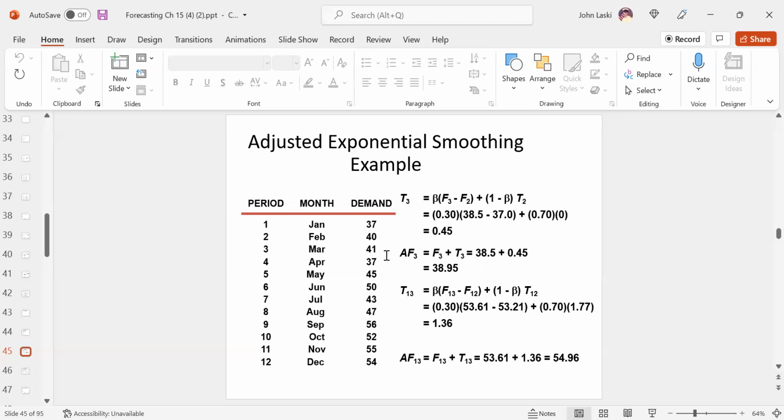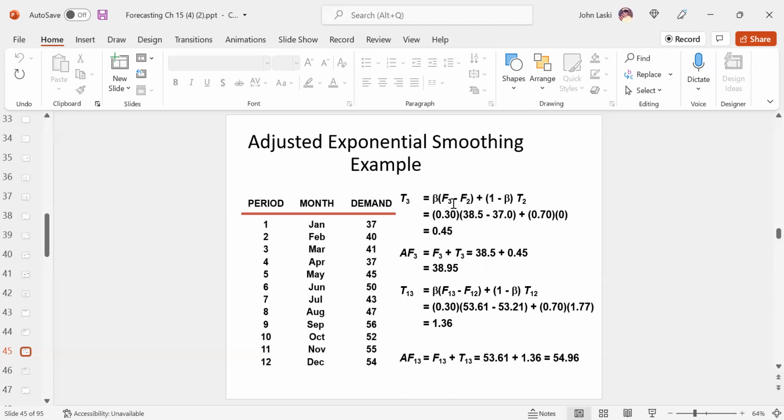But in the absence of that, if we just hung a point out there in this XY continuum, could we determine a trend from that? Of course, we know the answer is no. So we need 2 periods of prior data to be able to do that. And so that's why we're starting at T sub 3.